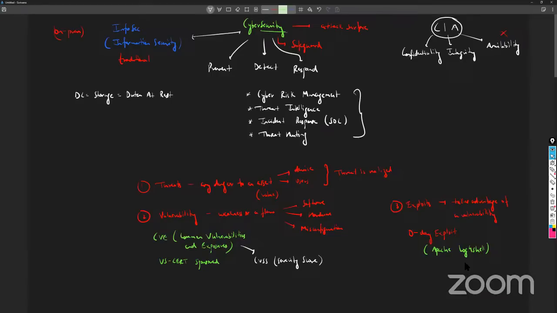That's very important, because things that are going on nowadays would be irrelevant next year. That's how fast the security landscape is progressing.